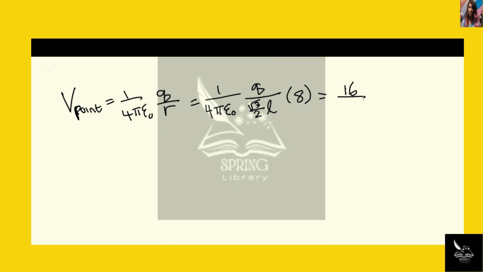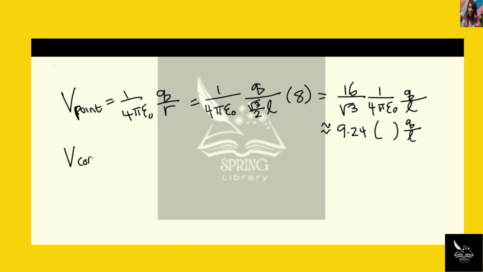We got 16 over root 3, times 1 over 4 pi epsilon naught, q over l, which is approximately 9.24 times that same 1 over 4 pi epsilon naught q over l. And that's the electric potential at the center.